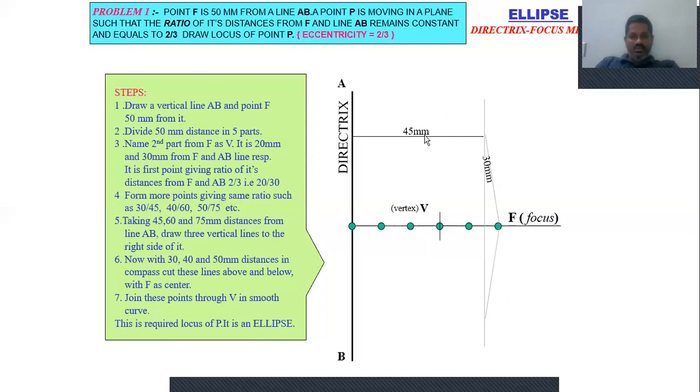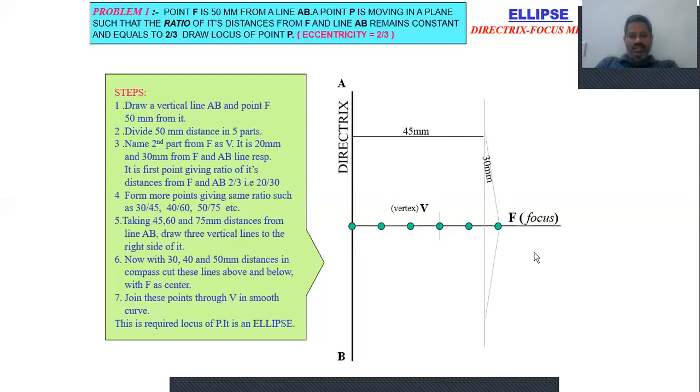I explain this once again. After marking vertex V, draw a vertical line at a distance of 45. Then take 30 mm in our compass with F as center, and intersect this vertical line. You will get 2 points.